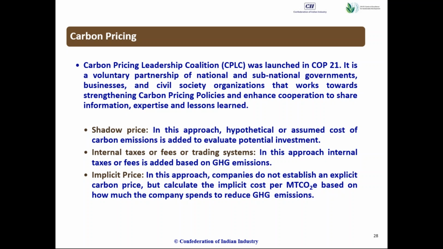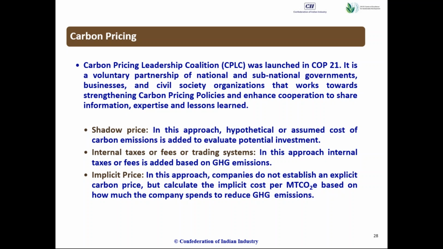The third type of carbon pricing is the implicit price. In the implicit price, the companies do not establish an explicit carbon price, but calculate the implicit cost per ton of CO2 based on how much the company spends to reduce GHG emissions. One very good example is Mahindra Group.